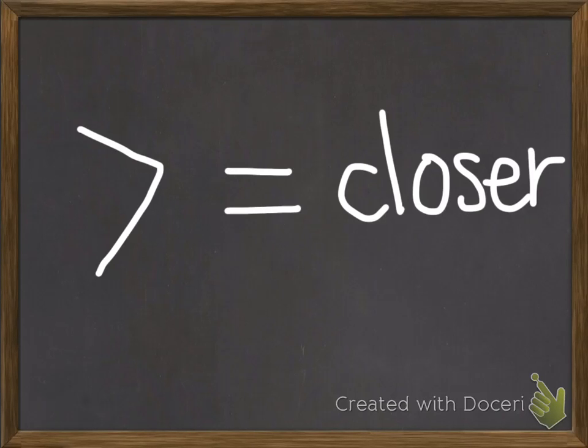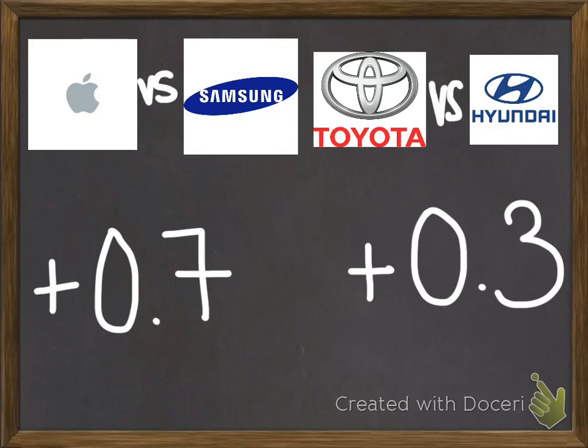Also, we can say that the larger the value of positive XED, the closer the substitute. For example, the two goods, Apple and Samsung, have an XED of plus 0.7, which is said to be closer than the two cars from brands Toyota and Hyundai, which is 0.3.